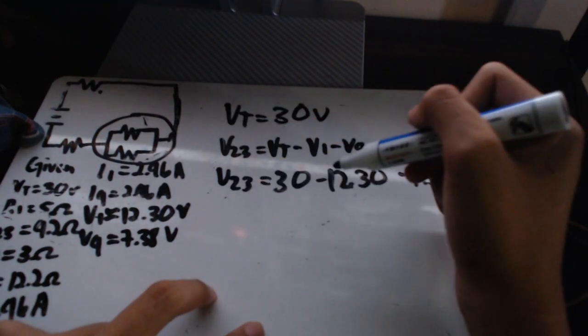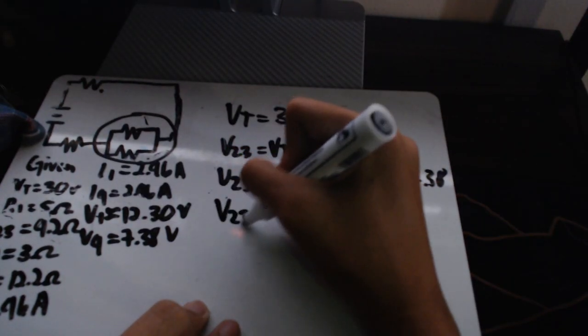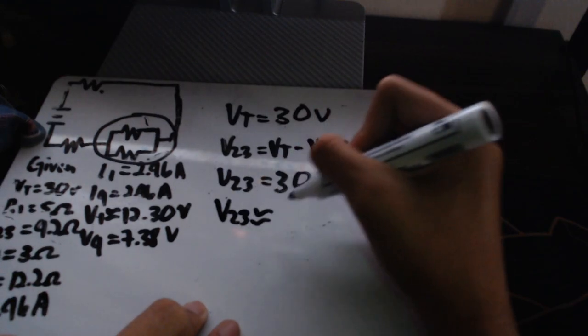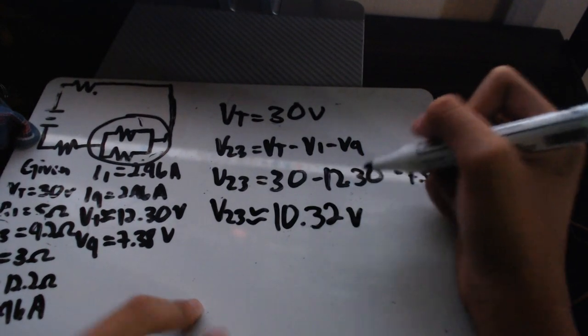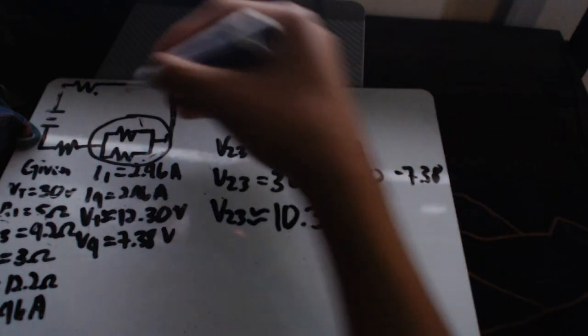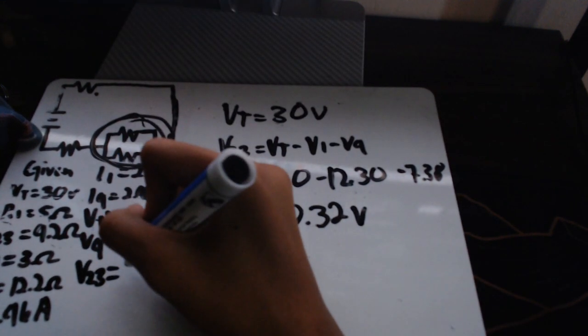Now we subtract, and it will be approximately 10.32 volts. So the voltage across the entire parallel section is approximately 10.32 volts.